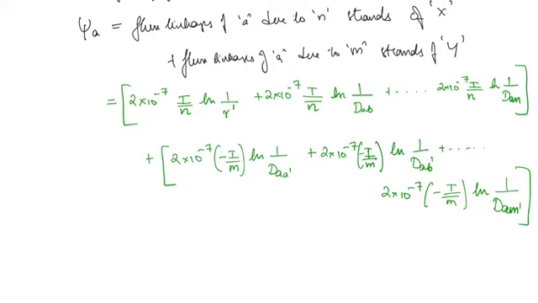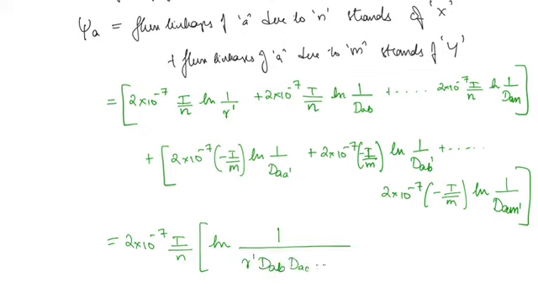Now you can combine all these terms. Here 2 into 10 to the power minus 7 I by n is common, so we can write 2 into 10 to the power minus 7 I by n ln. Since all the logarithms are adding up, we just have to multiply whatever is inside the logarithm, so 1 by r dash DAB DAC and so on till DAN.